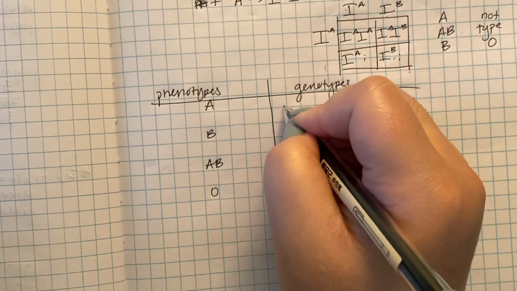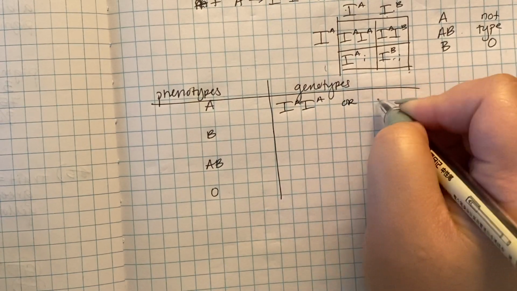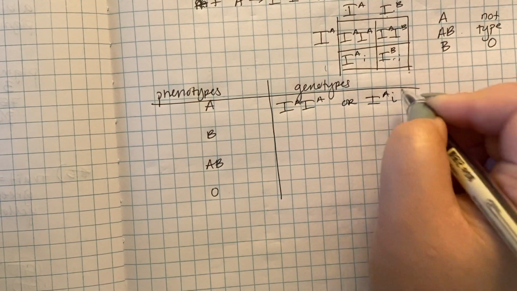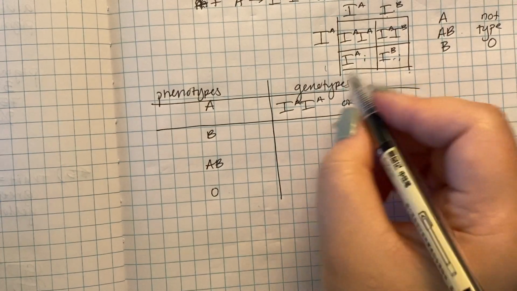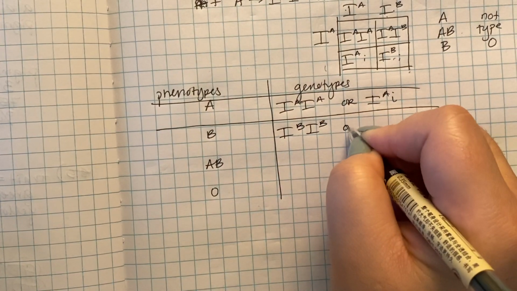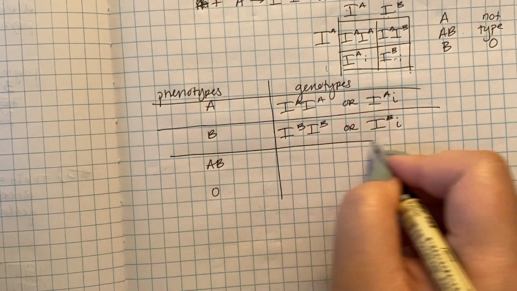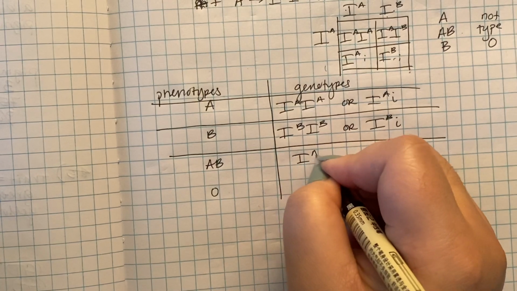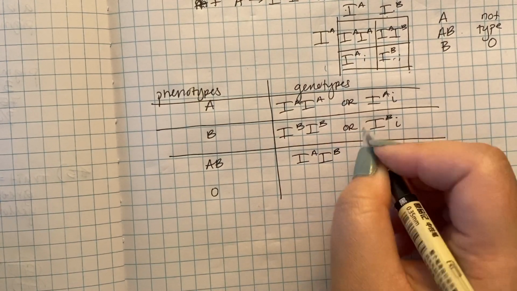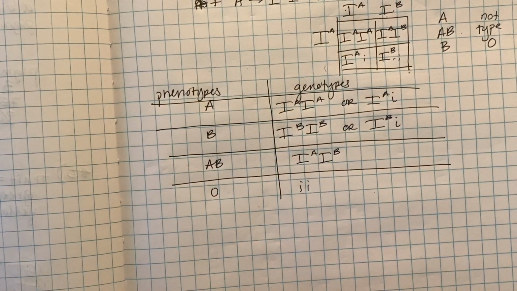So for type A, they could be homozygous dominant or heterozygous. For type B, same thing. They could be homozygous dominant or heterozygous. AB, this is our codominance, so I can have both. And then O is homozygous recessive.